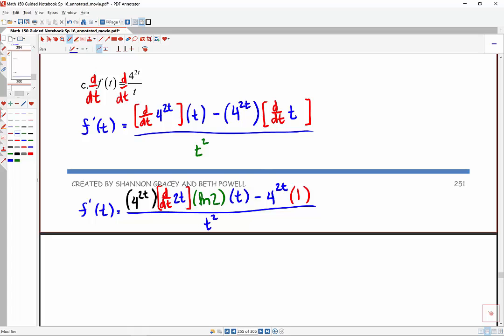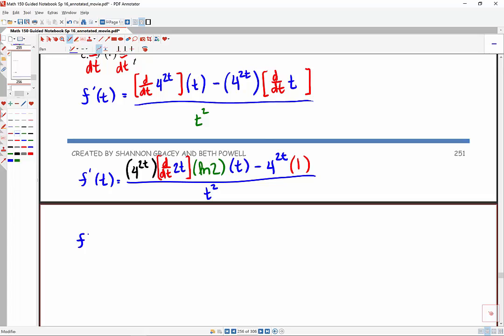Good so far? Great. f prime at t will be the derivative with respect to t of 2t, which is 2. Perfect. So we'll end up with 2 times natural log of 2, and then multiply that by 4 raised to the 2t. And actually, the nicest way to write this would be 2t times natural log of 2, because we have that t being multiplied, minus 4 raised to the 2t all over t squared.